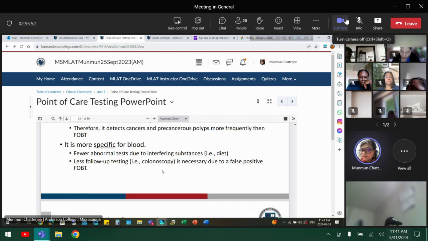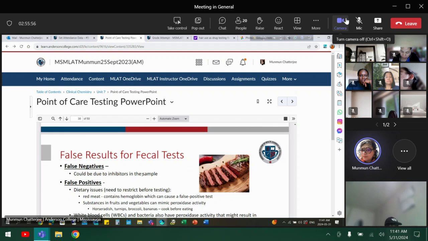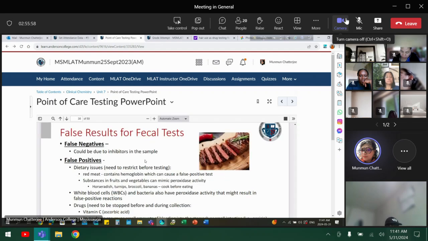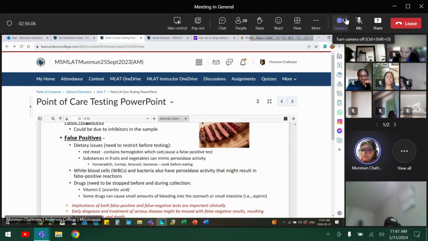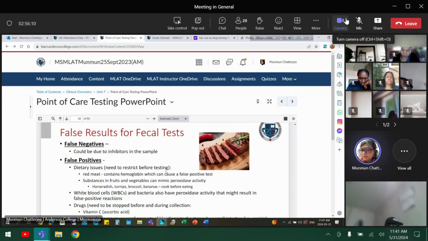Now, there are a couple of things you need to know about the chemical test, its limitations, where you can get a false result. False negatives could be due to inhibitors in samples, but for false positives you need to restrict some diet, probably for 3 days, if I remember correctly.